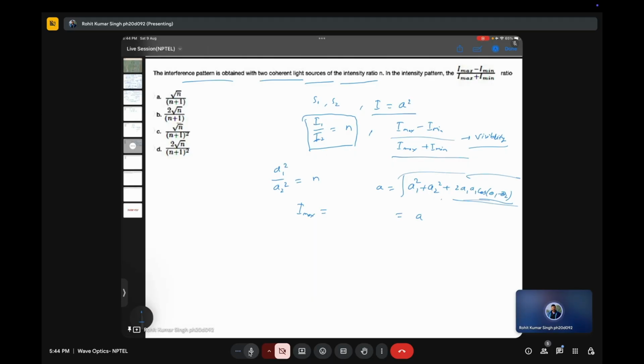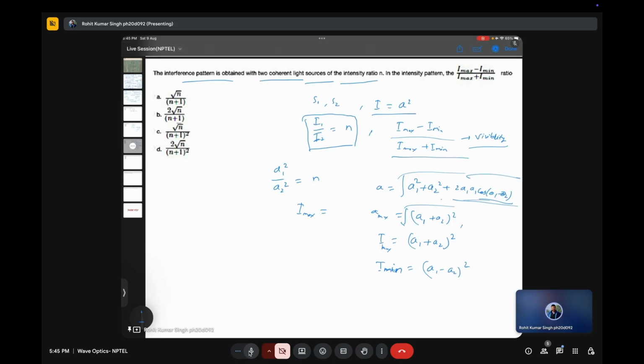So I max will be A1 plus A2 whole square. For I min, it will be A1 minus A2 whole square, because for I min the cosine term is basically minus 1.